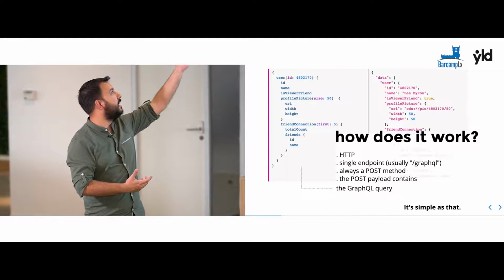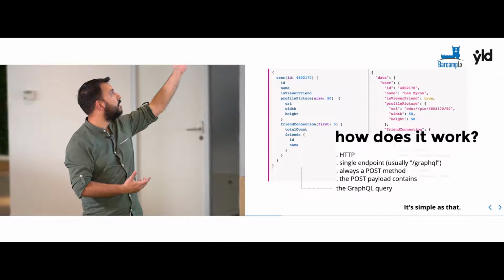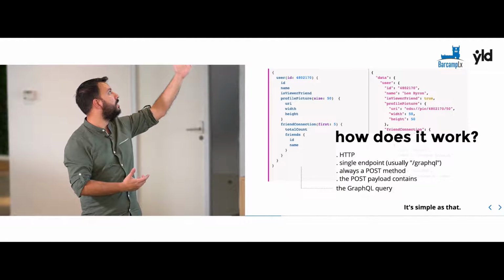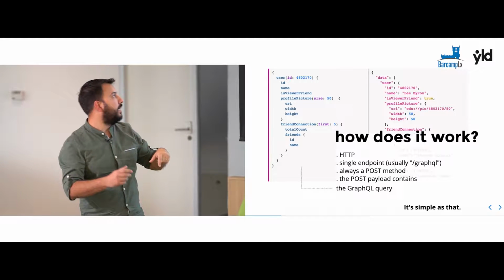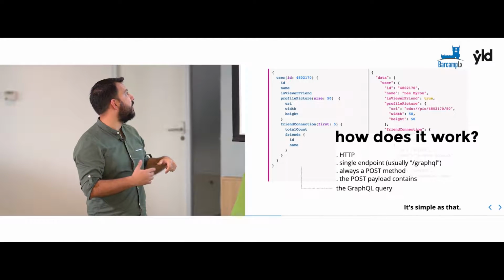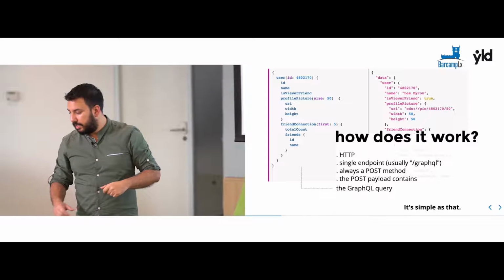You can see that in this case, you're getting a user with the user ID and name, the profile picture with some URI and width and height, and the user's list of friends and whatever.